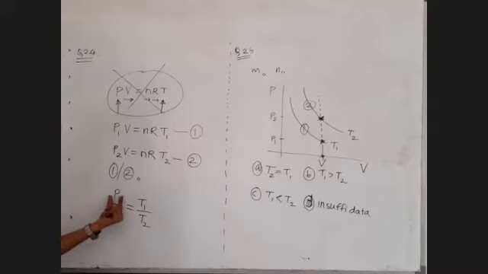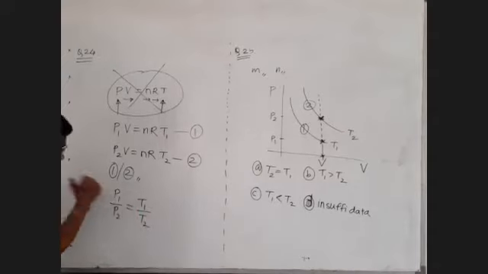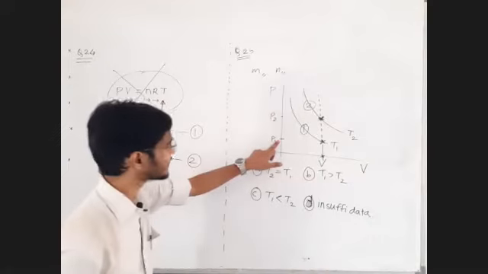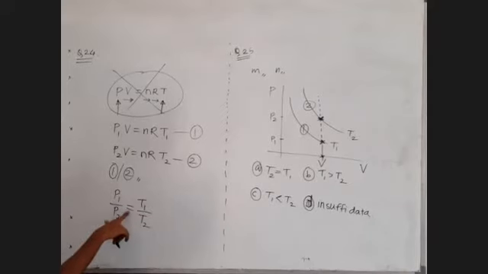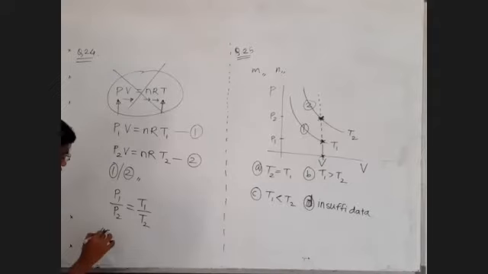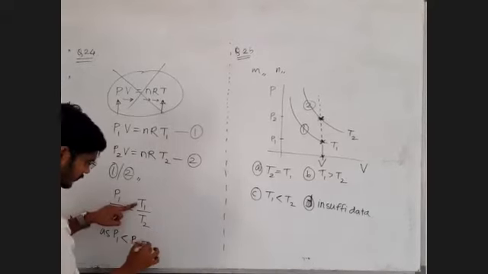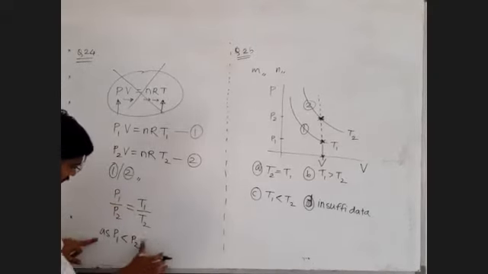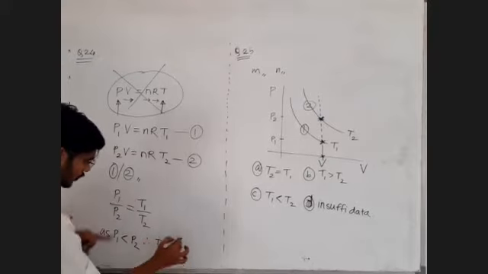Now P1 is less than P2, therefore T1 is less than T2. This is the answer.